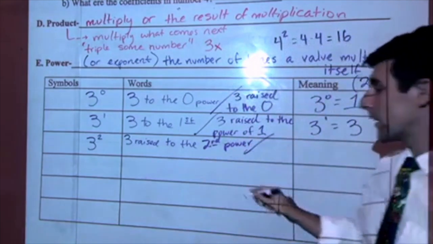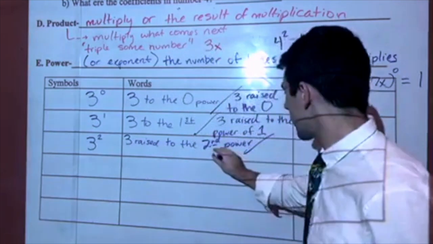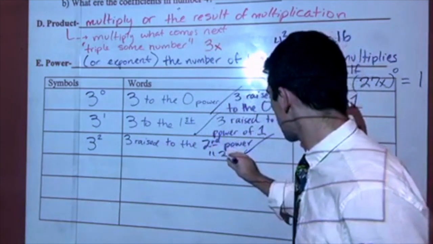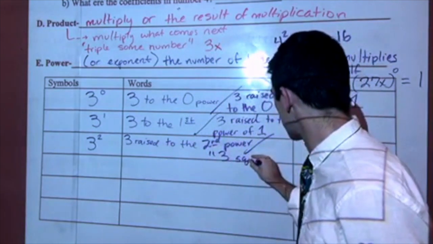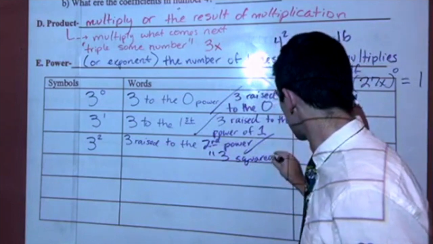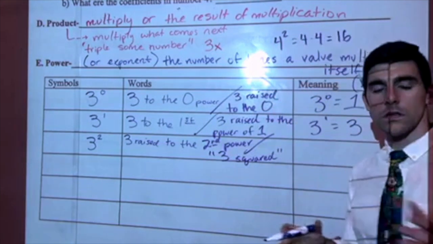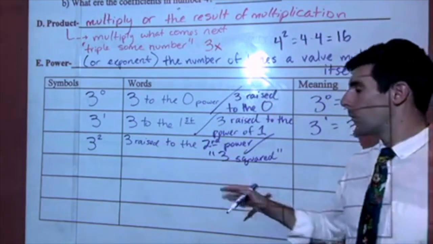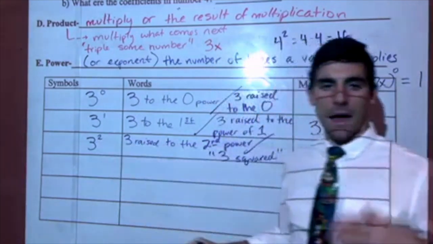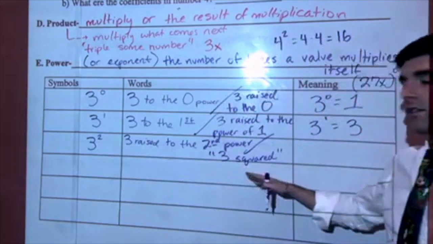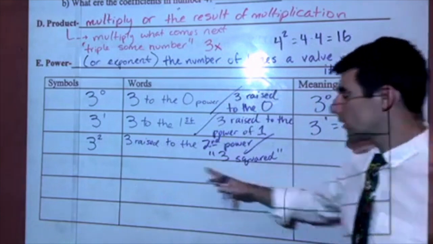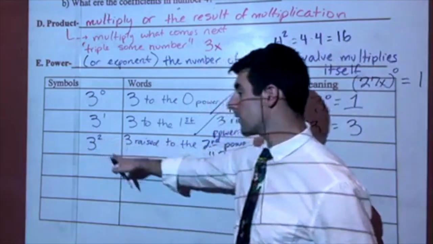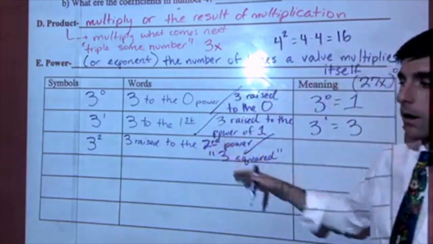You might also have heard it as, I'll put it right here below in quotes, 3 squared. That's a really important vocabulary word. Whenever you see a power of 2, mathematically you can also refer to it as that value squared. So we can say this as 3 squared, or 3 raised to the second power.